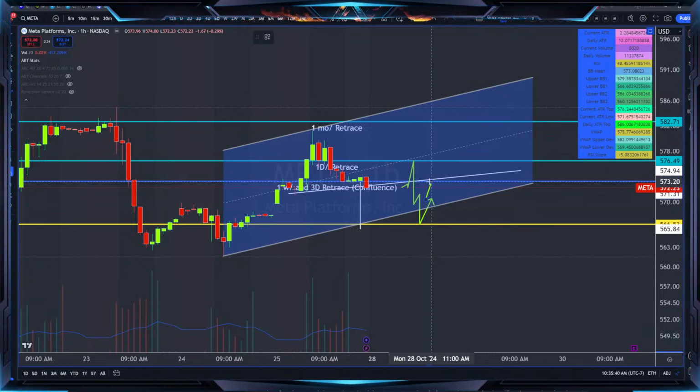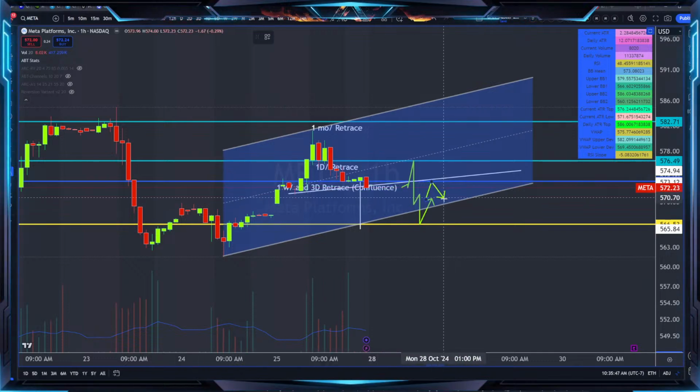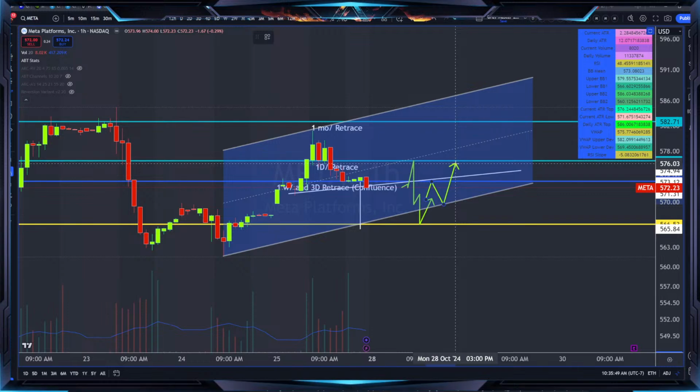Up the same direction. We come back down at the 1-spot 618, which is this area here, that gap, right? We bounce from that area. We continue towards the upside. Whatever this area was here was your prior day 50% retrace.